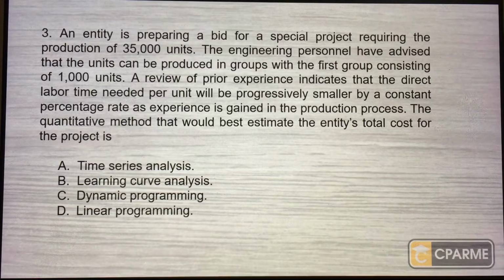A review of prior experience indicates the direct labor time needed per unit will be progressively smaller by a constant percentage rate as experience is gained in the production process. Which quantitative method is being asked? Is it time series, learning curve, dynamic, or linear? Yes, you're right. It's a learning curve analysis, letter B.